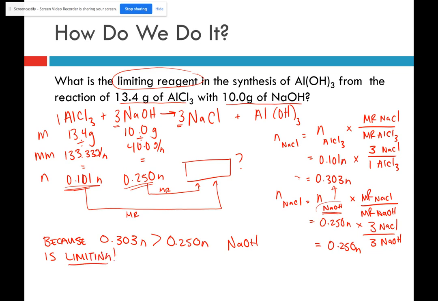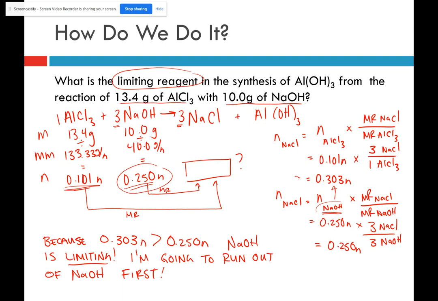Okay, this is my limiting reactant. Essentially what I'm saying is I'm going to run out of sodium hydroxide first. I'm going to run out of it because it can make less.